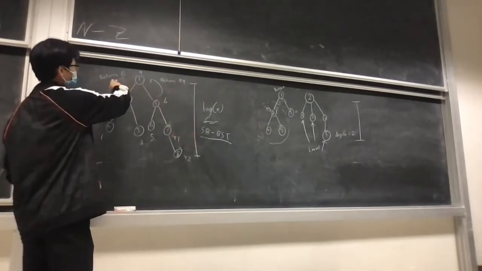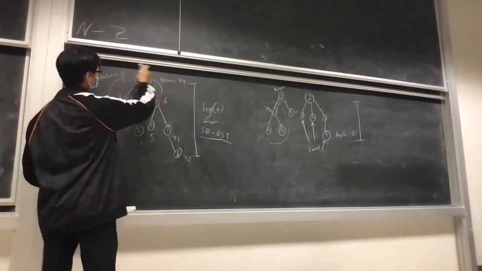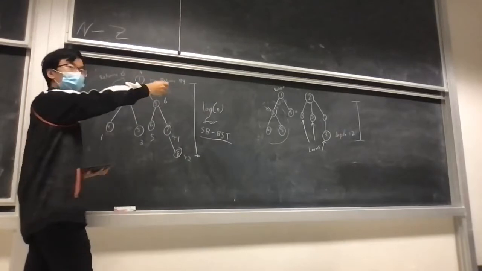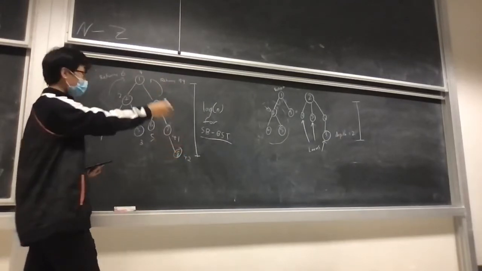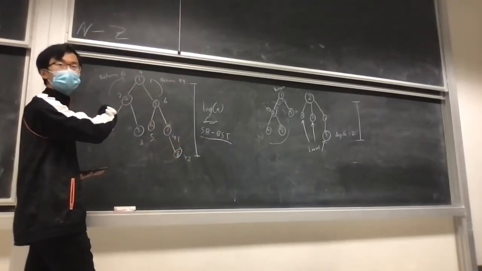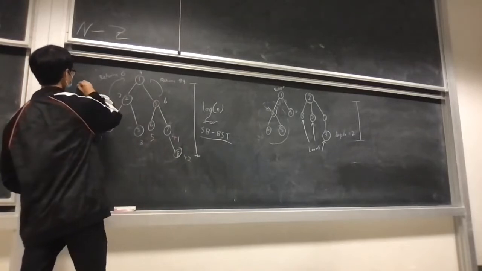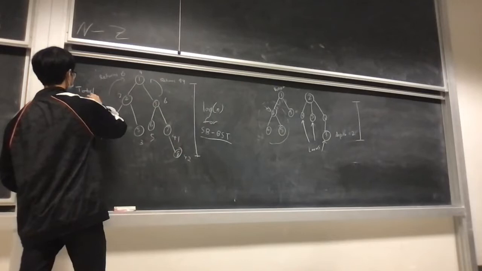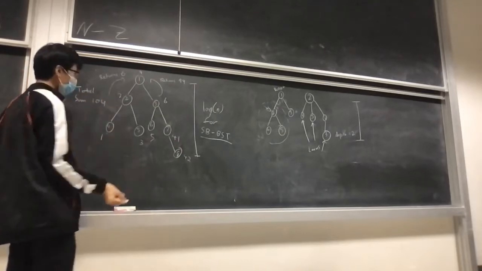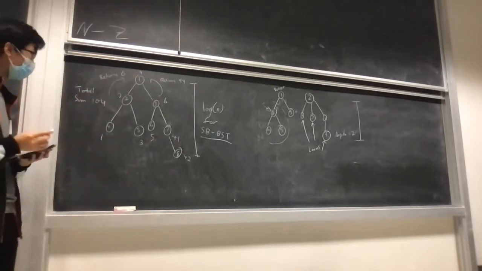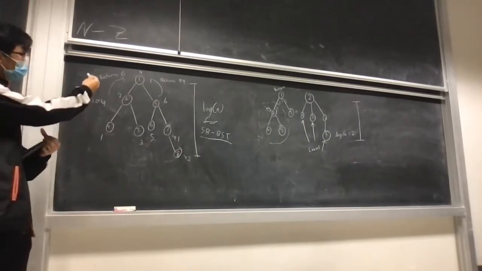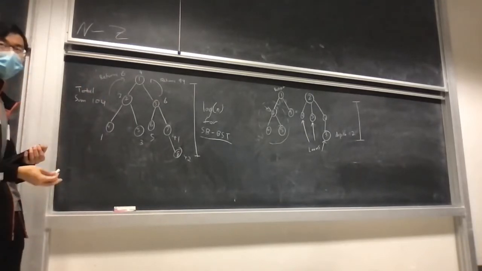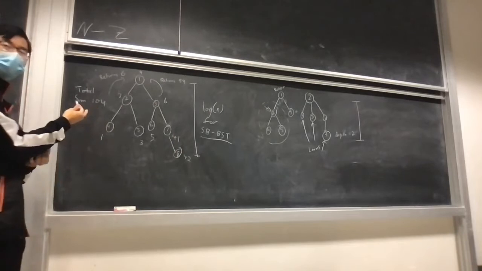So in the end, you add 6, 94, and 4. So you return 104. And that's the sum of the whole tree, which is what we want. Okay. So that's just an example of breaking the tree into subtrees and then combining the answers.